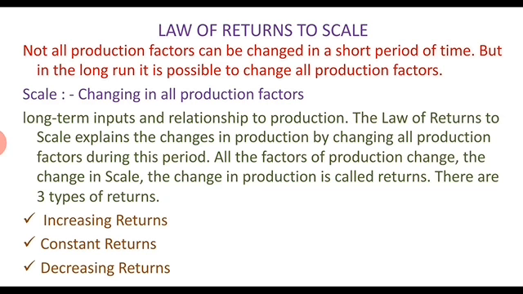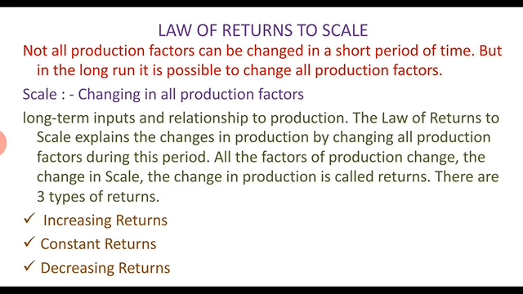Third one, decreasing returns. If all factors of production are increased in a given proportion and the output increases in less than that proportion, then the returns to scale is diminishing.